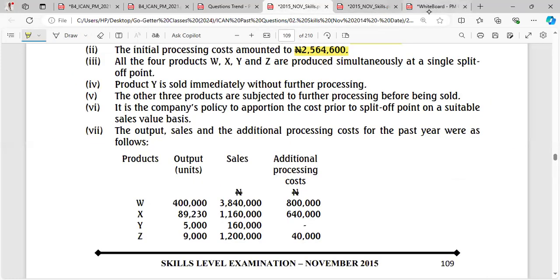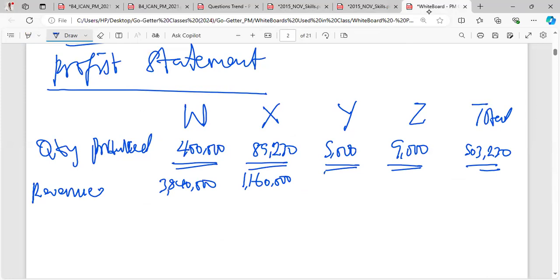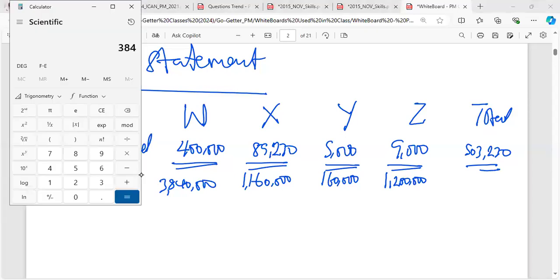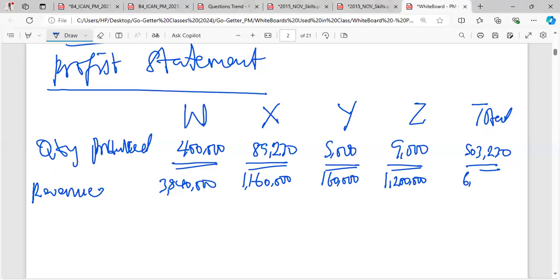160 and 12. If I add them together, 3840 plus 1160 plus 160 plus 12 will give me 6360.